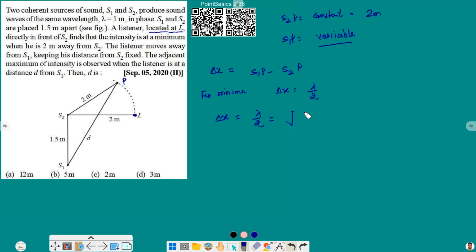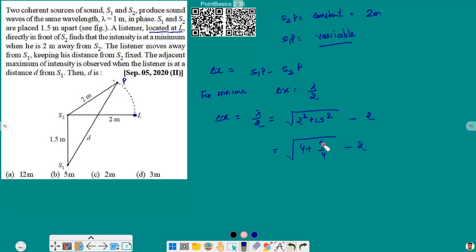S1L will be equal to under root of 2 square plus 1.5 square minus S2L, that is basically 2 here. So from this, 1.5 can be written as 3 by 2, and the square of that will be 9 by 4. So this will be under root of 4 plus 9 by 4 minus 2 here.